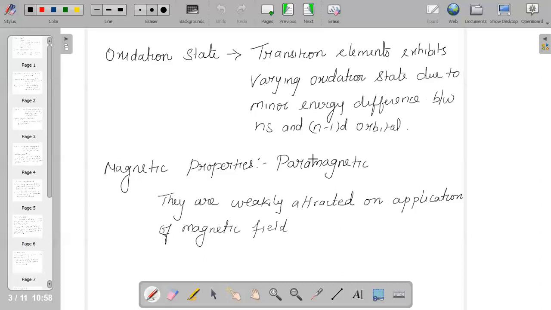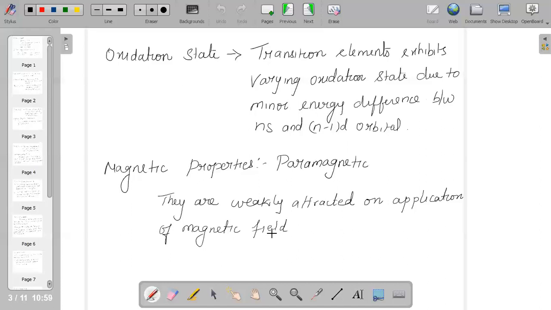Based on how the substance behaves in an external magnetic field, the magnetic property is decided. The first type is paramagnetic, meaning they are weakly attracted on the application of a magnetic field because of the presence of one or more unpaired electrons, which get attracted towards the magnetic field.